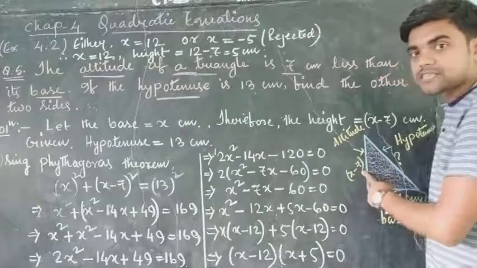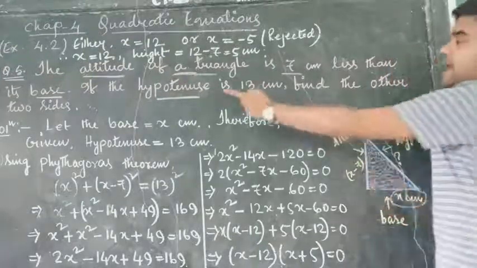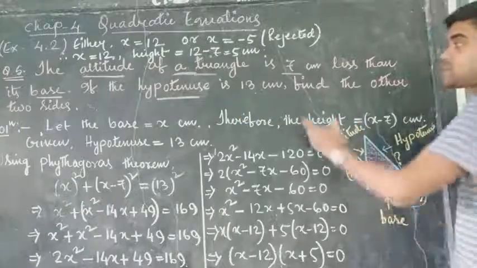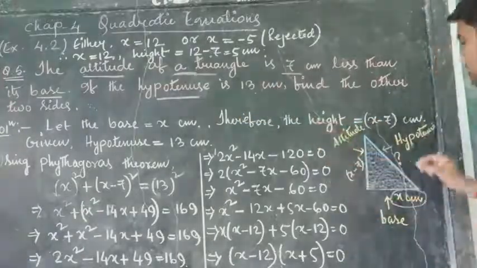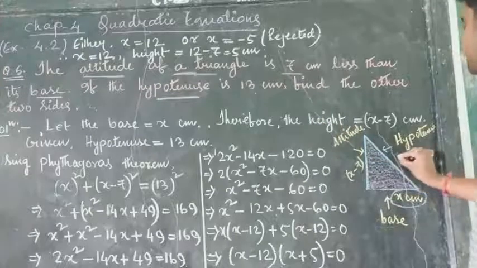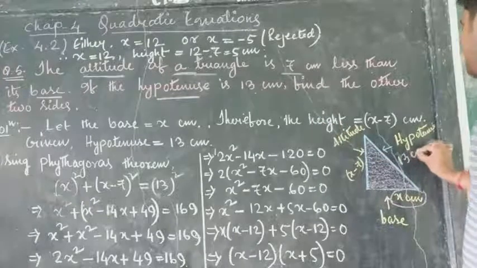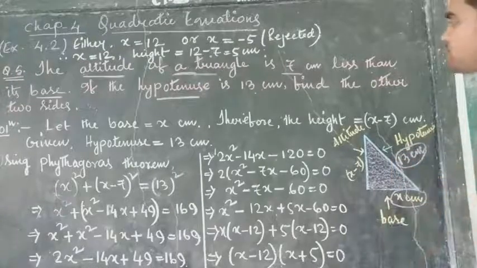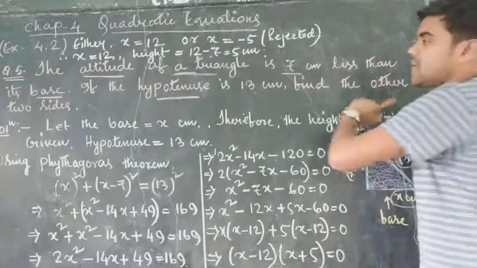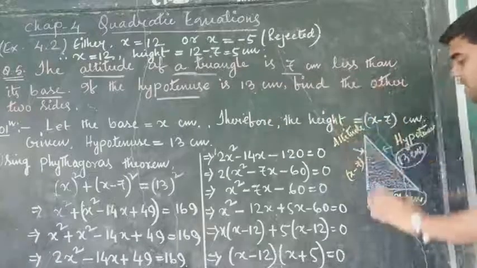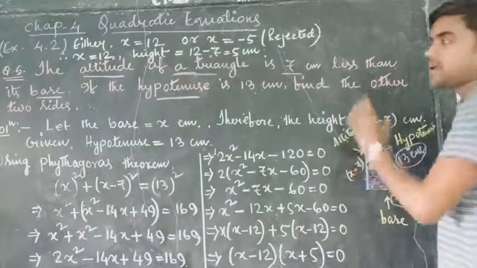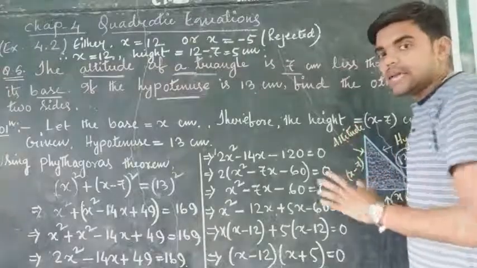Now the hypotenuse of this right angle triangle is already given in this question. The hypotenuse is 13 centimeter. Now we find the other two sides. That means we find the exact value of the base and also of the altitude.